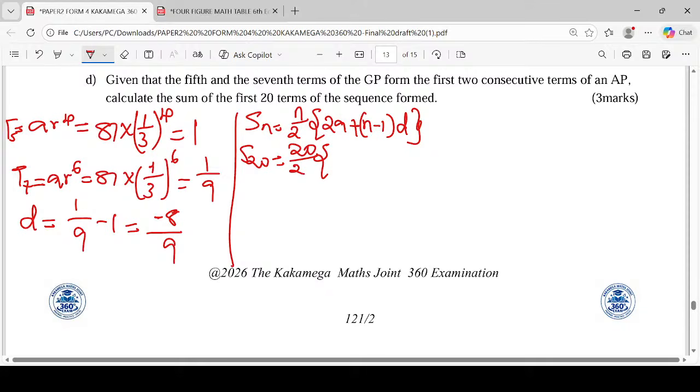Remember our a, the first term of our AP, is 1. So 2 times 1 is 2, plus n minus 1. N is 20 minus 1, that is 19, multiplied by d, which is negative 8 over 9.